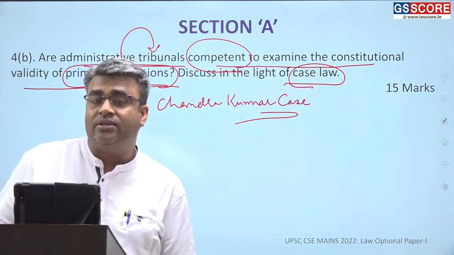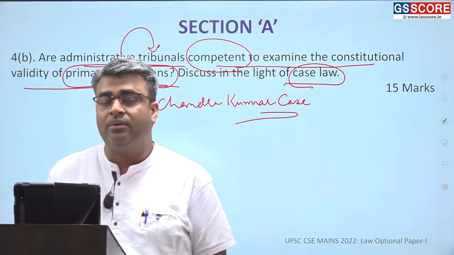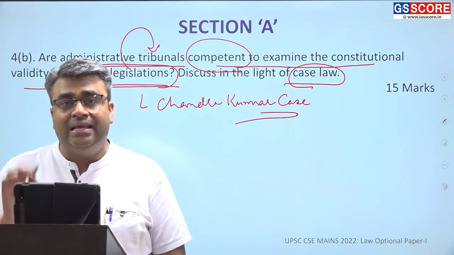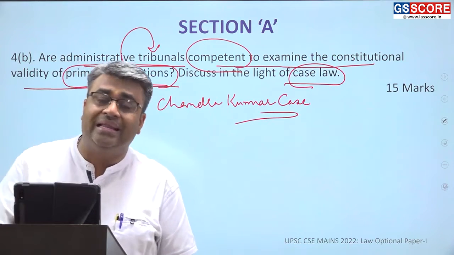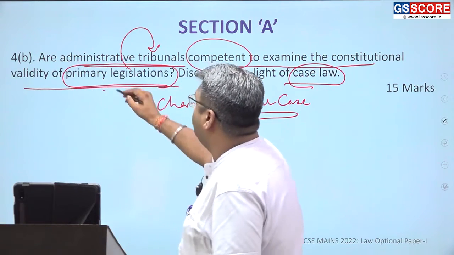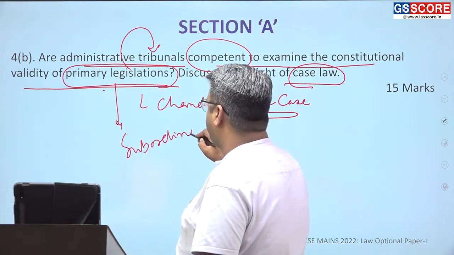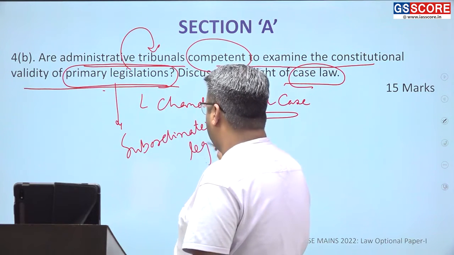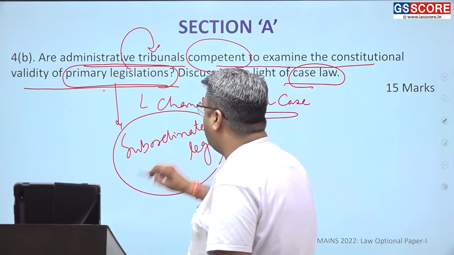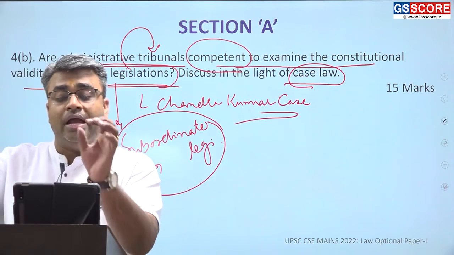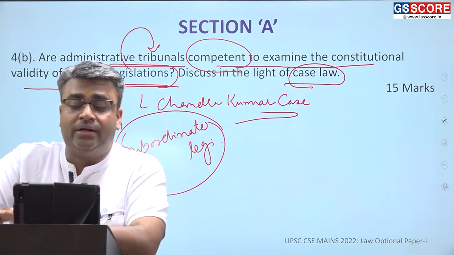It was categorically mentioned by the court in the L. Chandra Kumar case that they have the authority to investigate the legality of subordinate legislation. They have the authority to check the subordinate legislation, but they do not have the authority to investigate the legality of their parent laws.